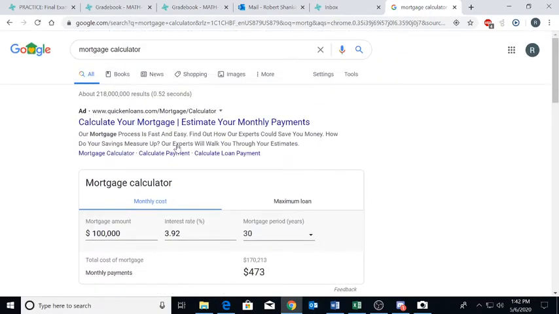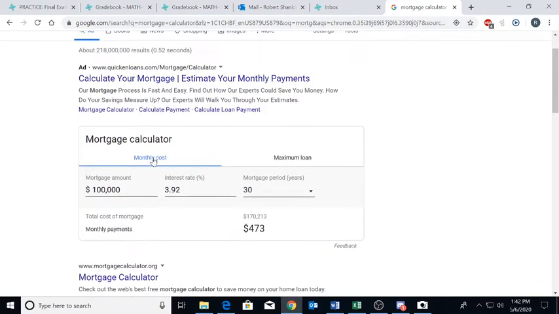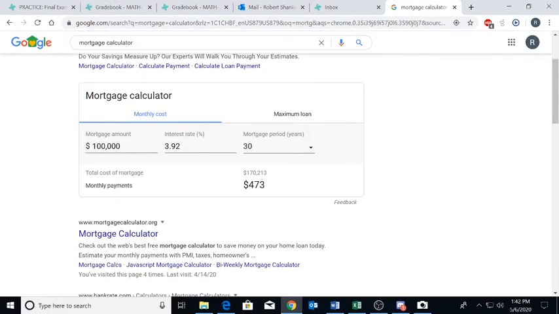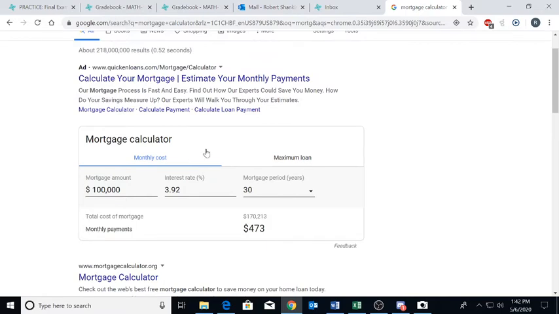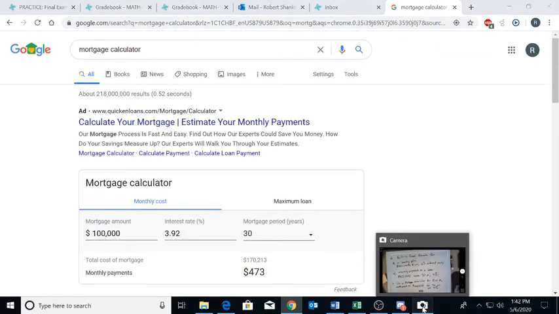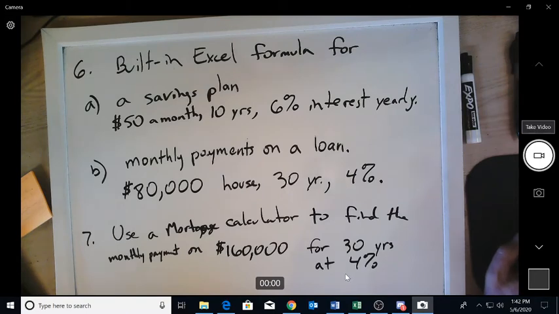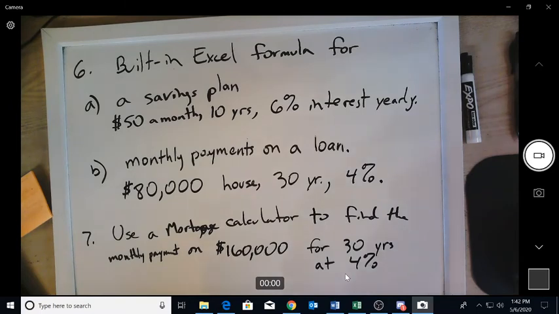You've got lots of different choices, but use one of them, come out with your monthly payment. And then if each of you could report back in your group, even if you agree with somebody else's, put it in so that you can compare results.